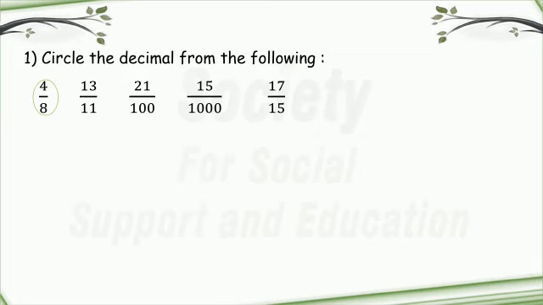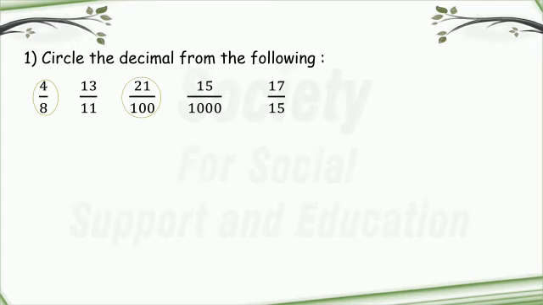We must compare between the decimal and the irreducible fraction. The irreducible fraction is a fraction that cannot be divided anymore, while a decimal fraction is a fraction that has in its denominator a power of 10. So 4 over 8 is a decimal fraction, then we will continue. 13 over 11 cannot be multiplied by a number to get a power of 10 in its denominator. Then we continue to 21 over 100, which is a decimal fraction.